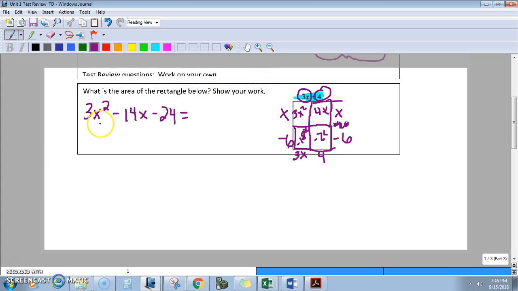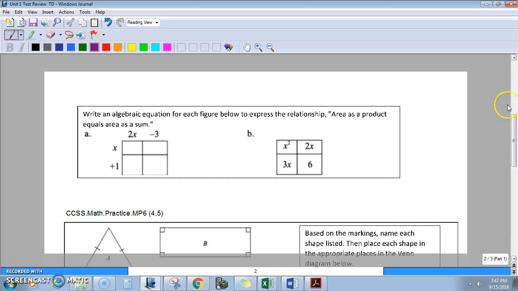The easier way was just, as a product, 3x plus 4 times x minus 6. And this is a sum even though the only signs we have are negative, but remember this could be plus negative 14x and this could be plus negative 24.